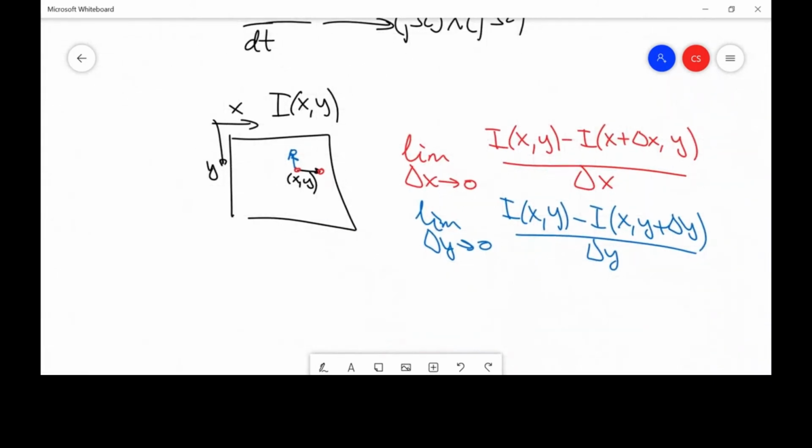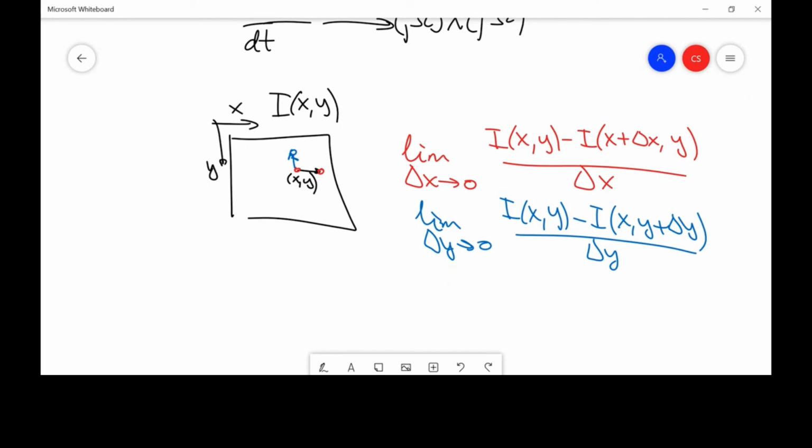Okay, so there are many subtleties. This is the derivative from the right, and you know that you can compute the derivative from the left, and the function can be differentiated at the point if the derivative from the right is equal to the derivative from the left. All these small details we are skipping.